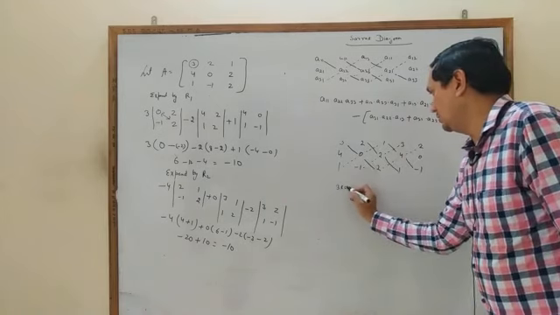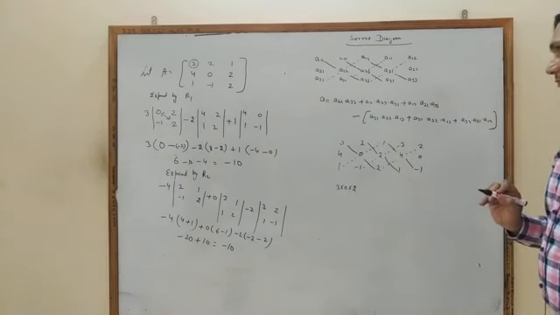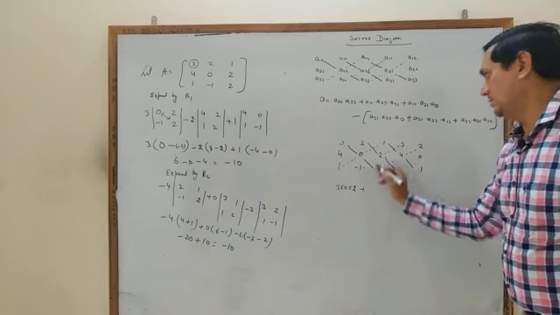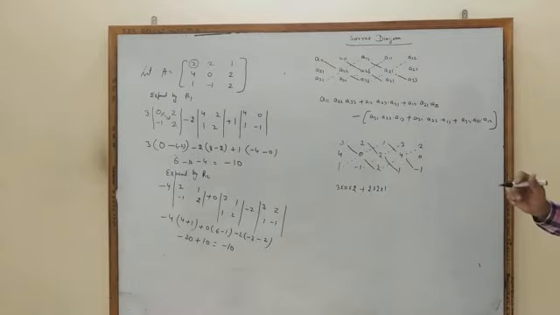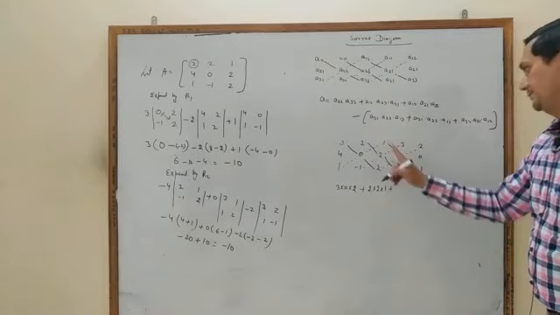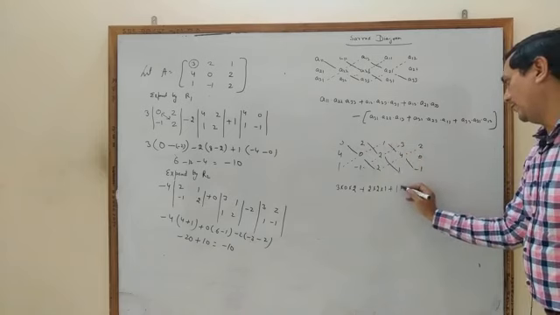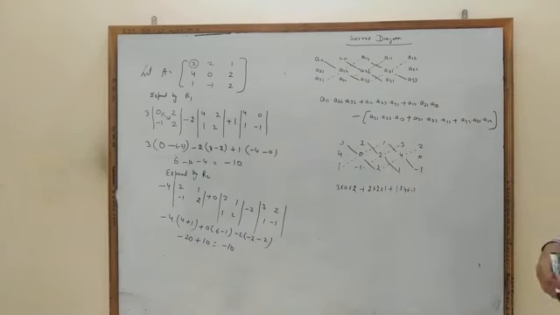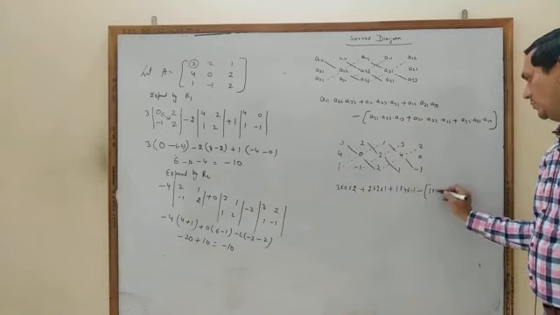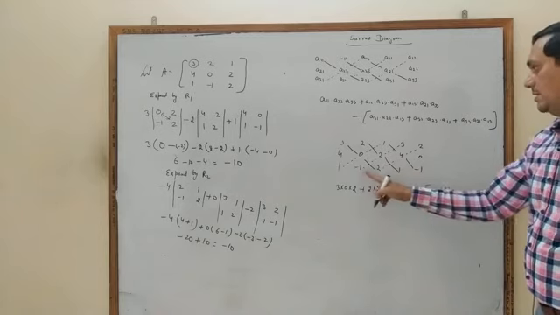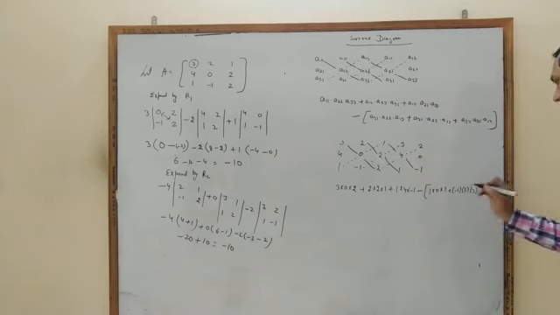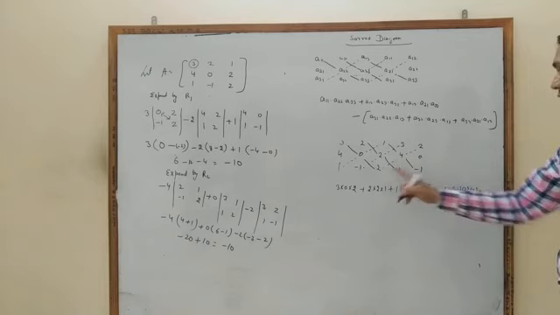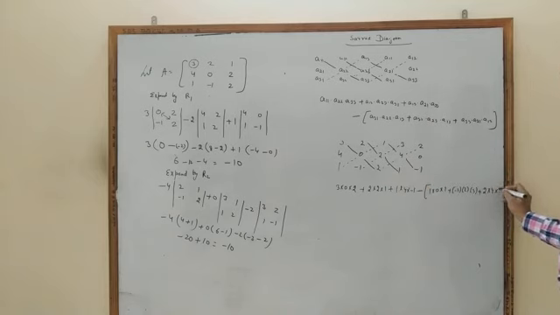Multiply 3 into 0 into 2 plus 2 multiply by 2 multiply by 1, then plus 1 multiply by 4 multiply by minus 1, then put a negative sign. 1 multiply by 0 multiply by 1 plus minus 1 multiply by 2 multiply by 3, then plus 2 multiply by 4 multiply by 2.